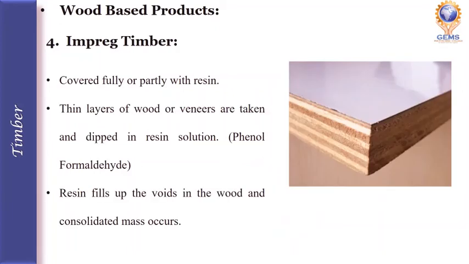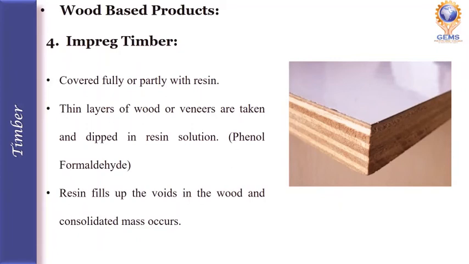The fourth wood-based product is impreg timber. This impreg timber is a timber covered fully or partially with resin. Thin layers of wood or veneers are taken and dipped in the resin solution.